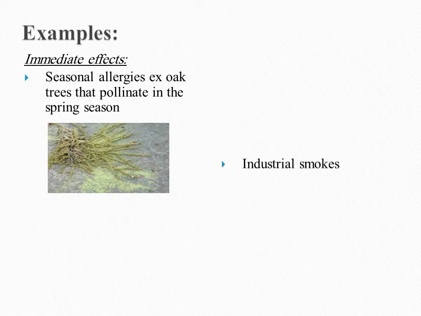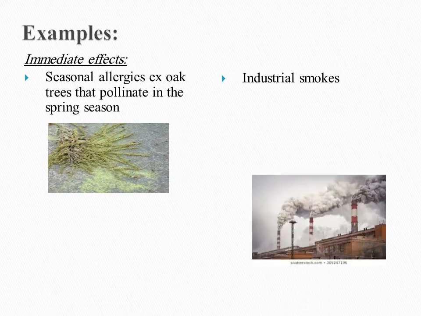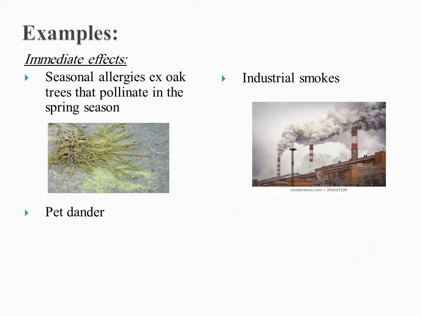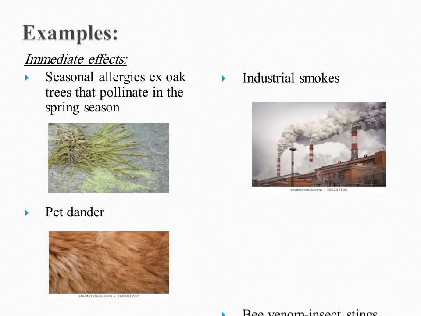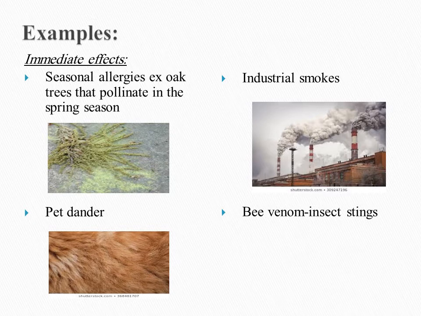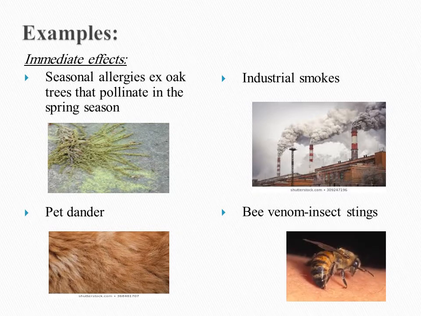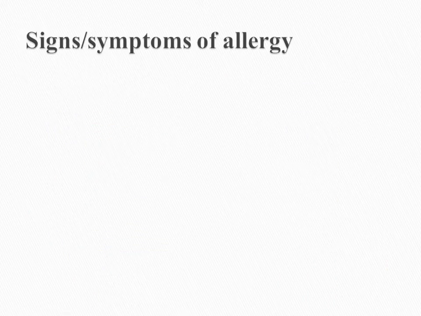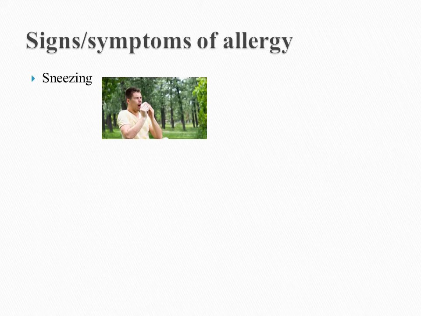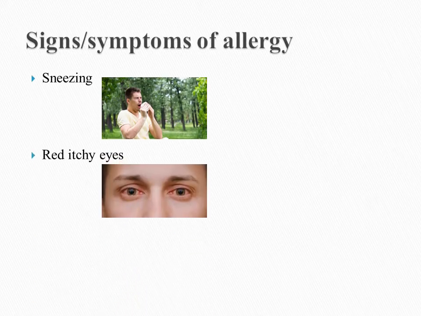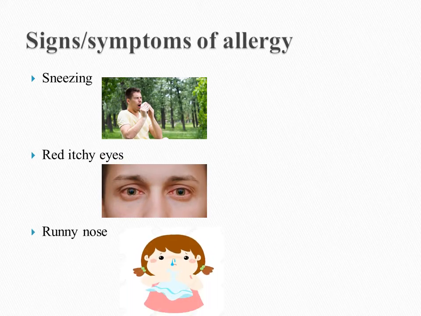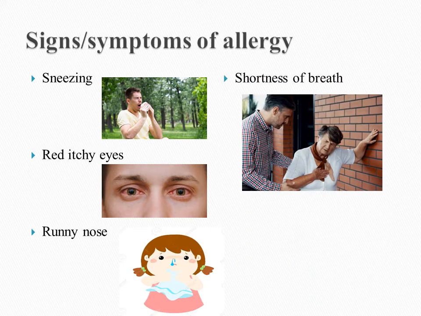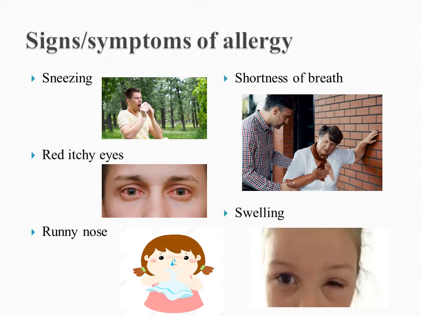Other examples are industrial smokes, pet dander, bee venom, or insect stings. These allergens will then lead to the following signs or symptoms, such as sneezing, red itchy eyes, runny nose, shortness of breath, and swelling.